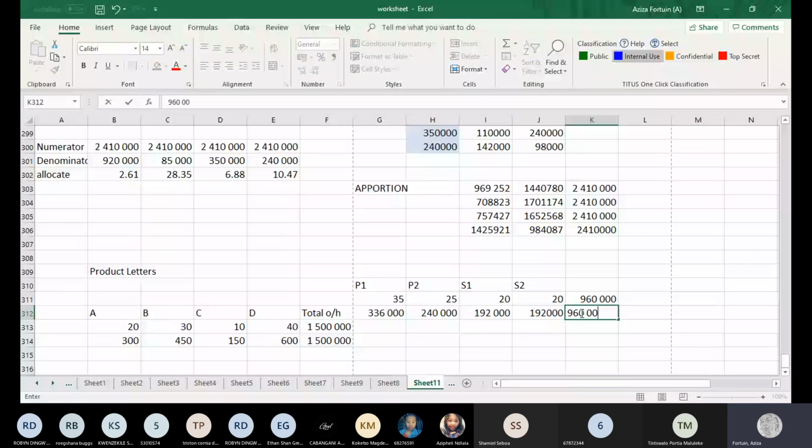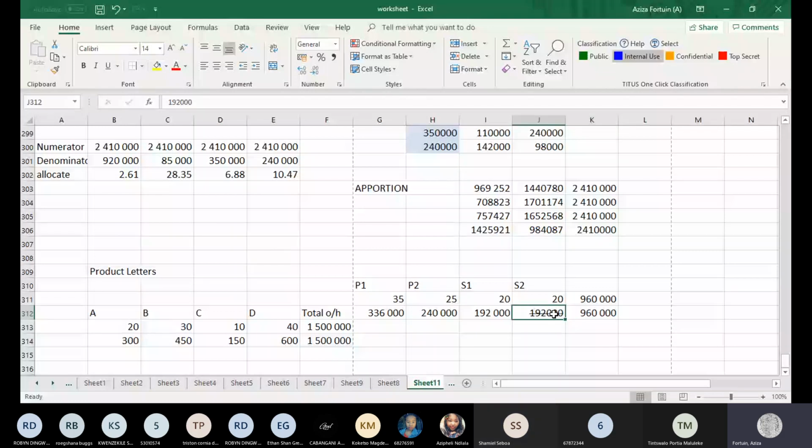Okay. So now I need to write off my S2, which provides services to all other departments. So we are going to do the step allocation, and this 192,000 here, I'm going to have to write it off.